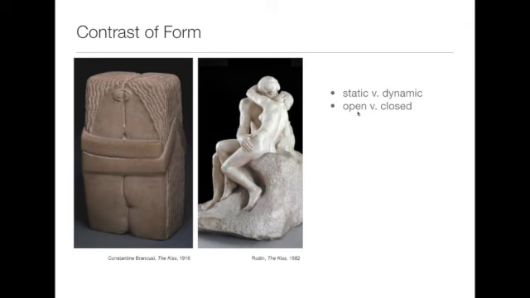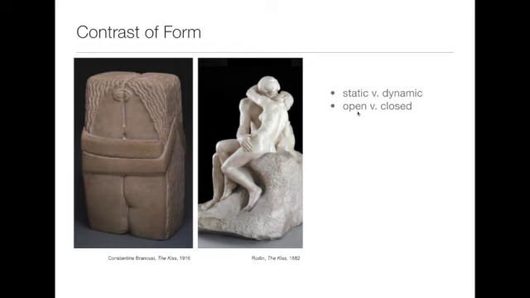We also have contrast of form, when we take a look at essential concepts of forms, static versus dynamic. In these two examples, we have the same subject matter by two different artists and their treatment is totally different. When we put these images side by side, we can clearly see the contrast of the treatment of form in these two pieces. Konstantin Brancusi's work is extremely static.